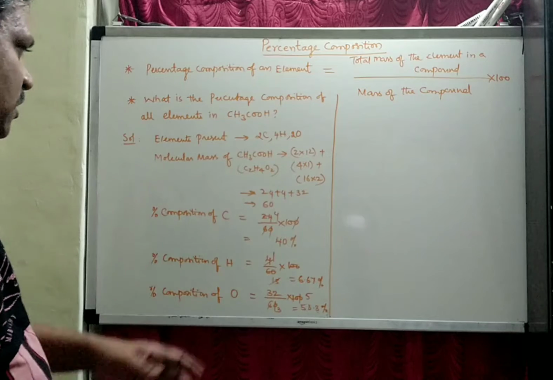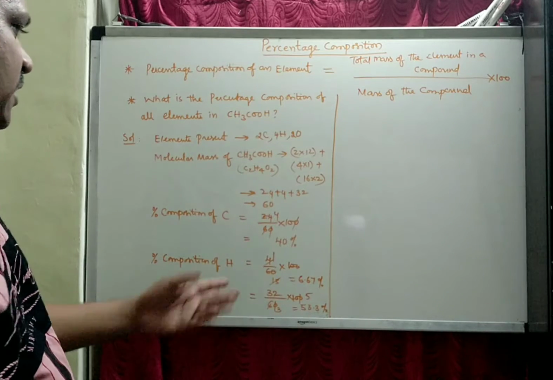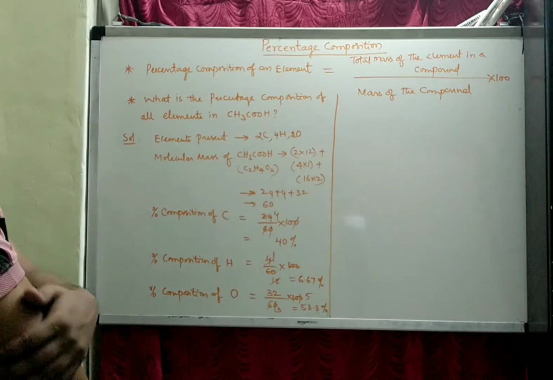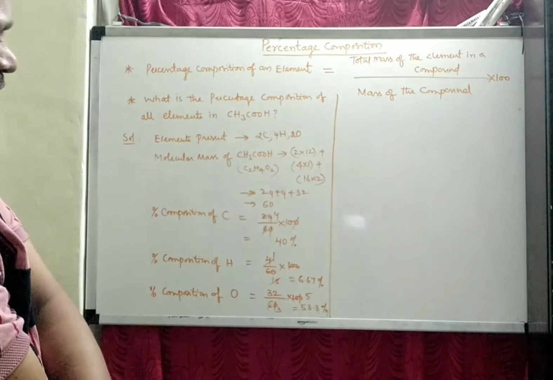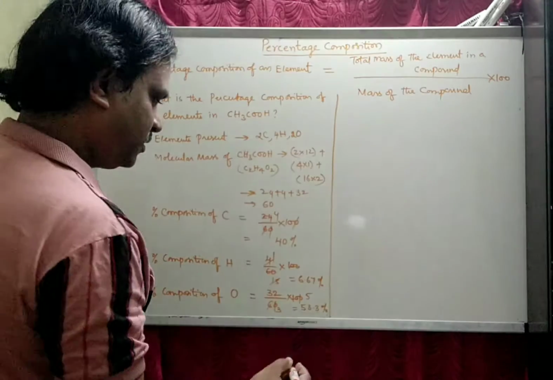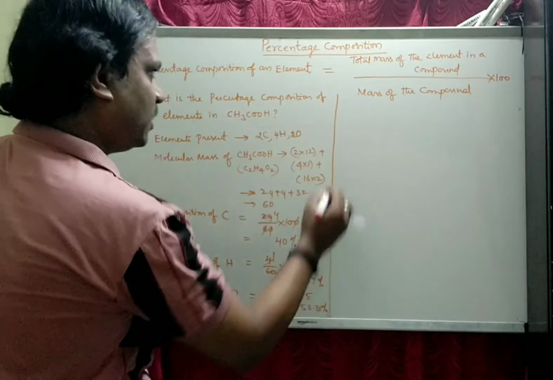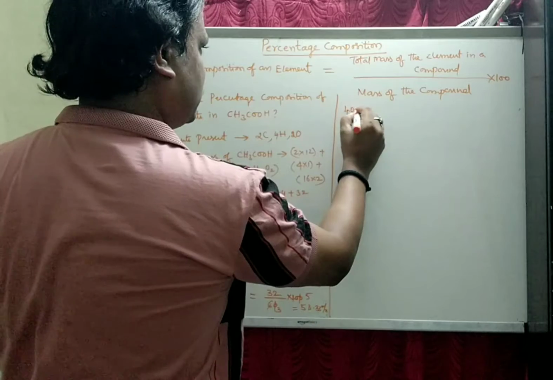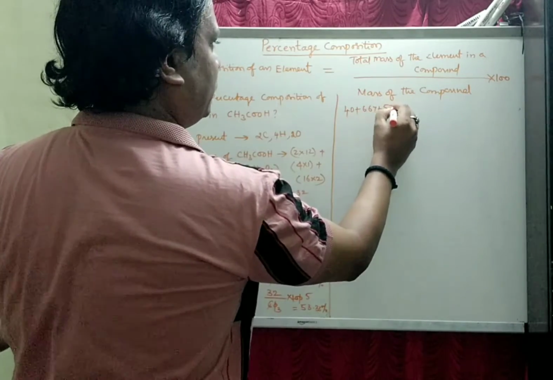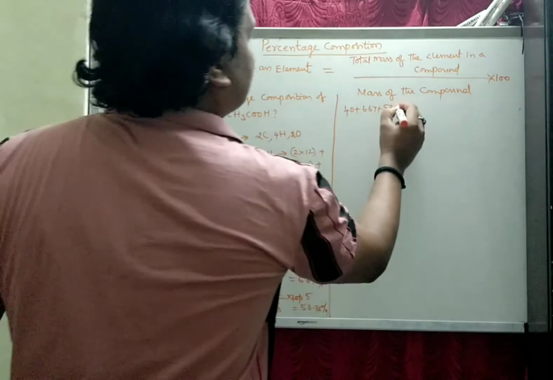So if we add these 3, we will get approximately 100%. You can take 53.33. So add 40 plus 6.67 plus 53.33.